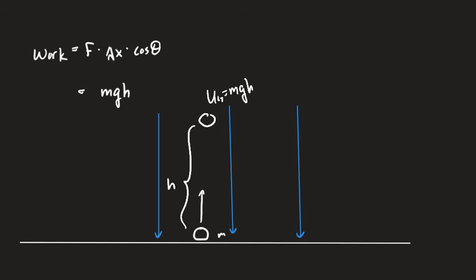But the truth is, there were two forces doing work on the rock while we were lifting it. That's why when the rock got to this height, it wasn't moving anymore. You did work lifting the rock, but at the same time, gravity was pulling down on the rock, and it was also doing work on the rock.